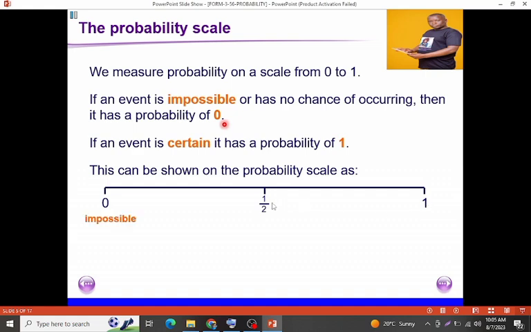So we have an impossible event, a certain event which is 100% sure of happening, and we have a 50-50 chance. We call it even chance. So the probability of an event occurring cannot go beyond 1, or go below 0.